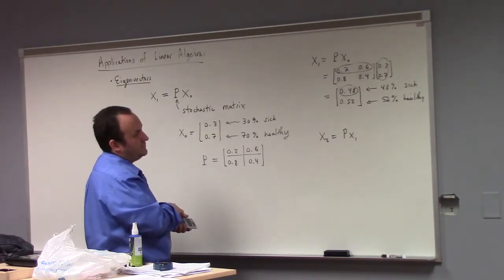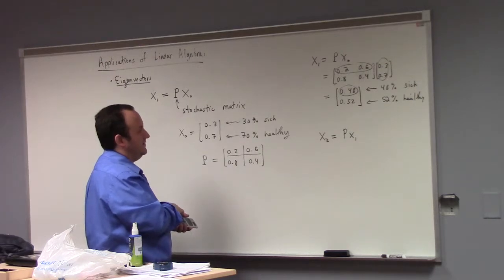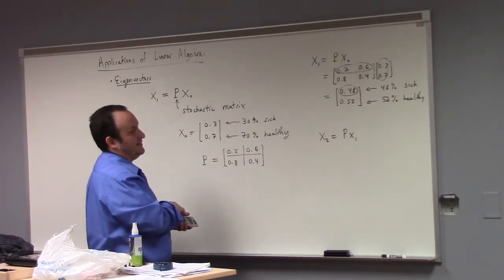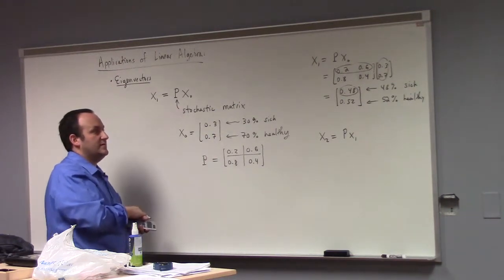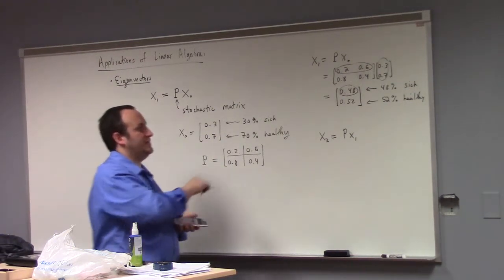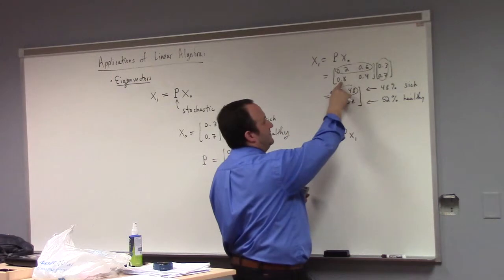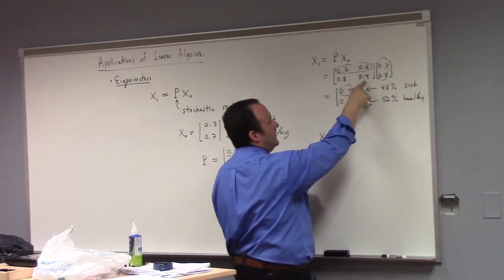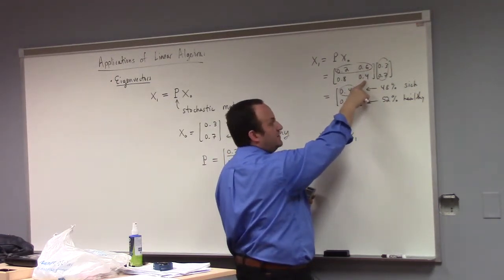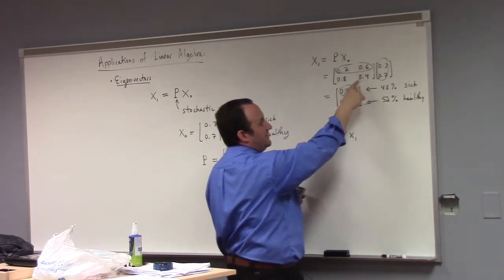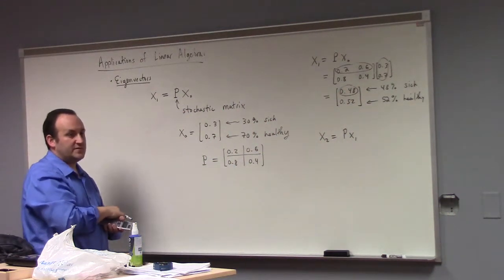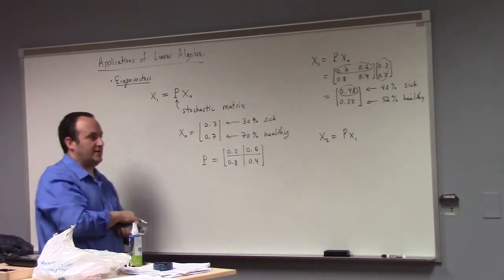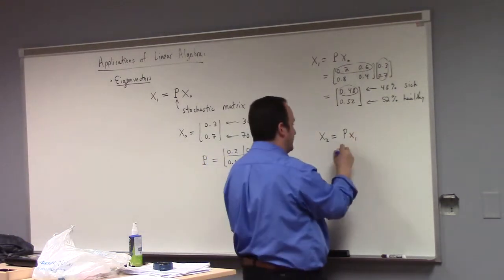And it says 60% of the healthy people get sick. And this one says that 80% of the sick people get healthy and 40% of the healthy people stay healthy. That's the meaning of those numbers. And so you can calculate x2, which is Px1, what do we get?